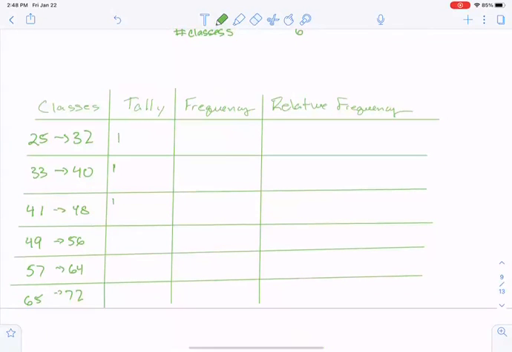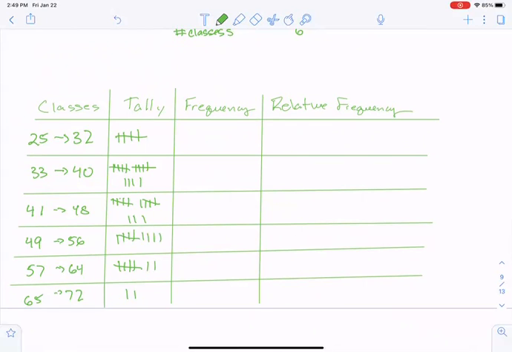I have tallied these up. This would take way too long to try and tally up on the spot. You can pause the video, look at the data set, and see if that's correct. That is correct.